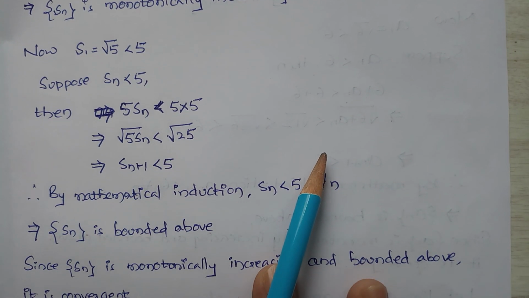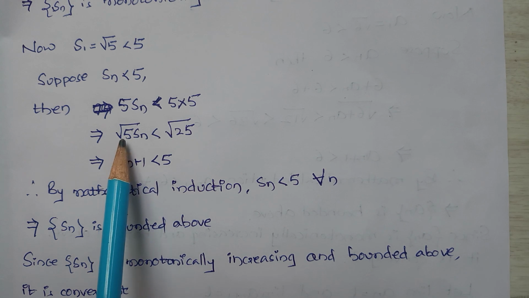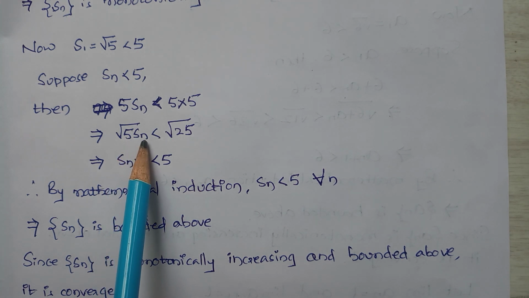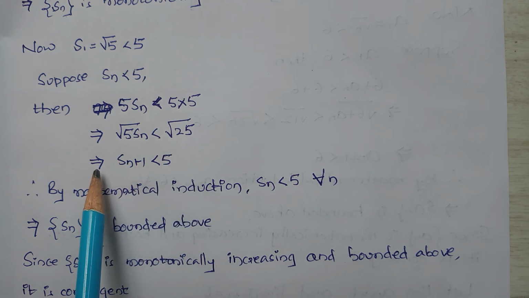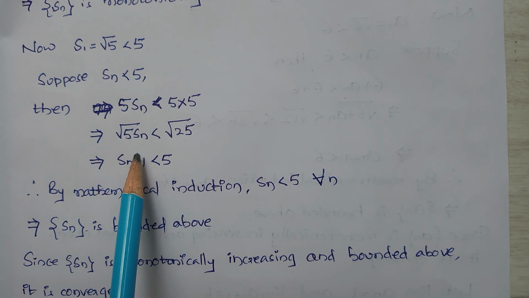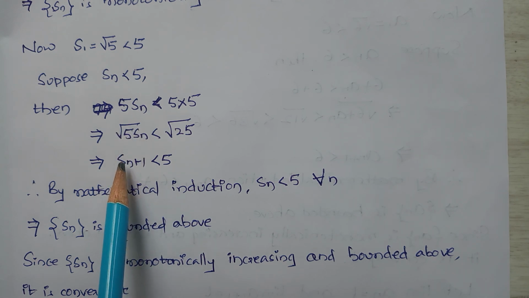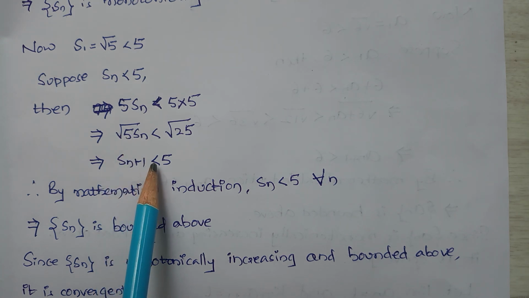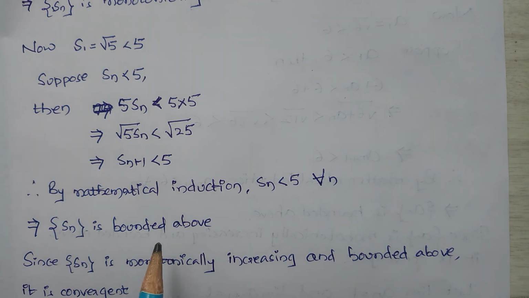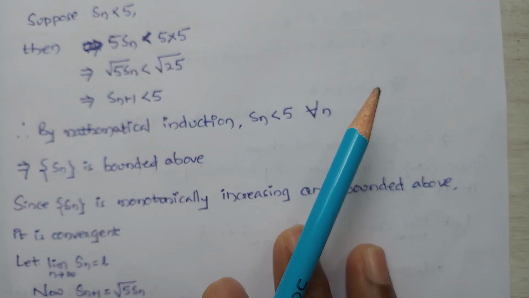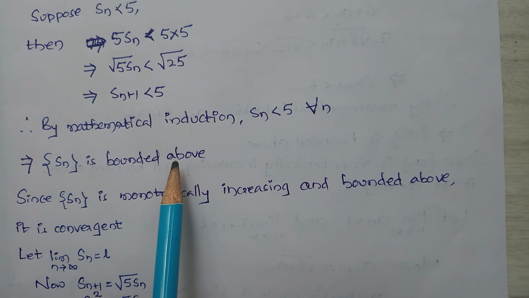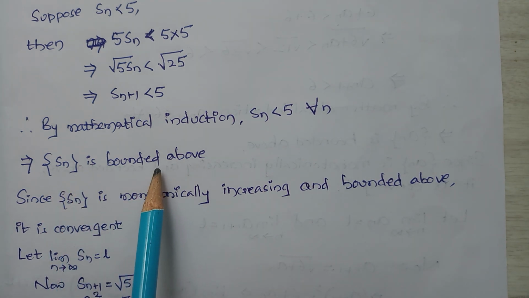Taking root on both sides, root of phi Sn is less than root of phi squared. This root of phi Sn is Sn plus 1, as given, and root of phi squared is phi. Therefore by mathematical induction Sn is also less than phi for all n. So the sequence Sn is bounded above.